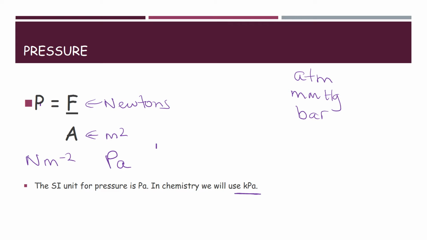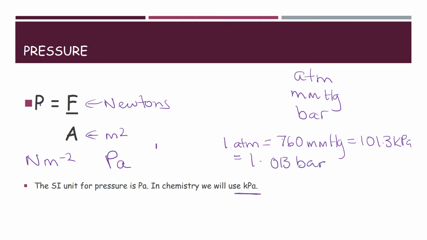To give you an example, you can actually interchange between all of them. 1 atmosphere is equal to 760 millimeters of mercury, which equals 101.3 kilopascals, and which equals 1.013 bar. In our study of chemistry, we will only be using kilopascals.